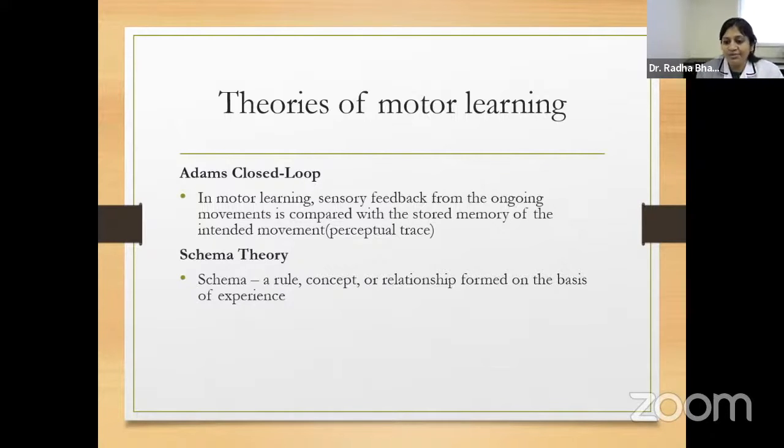Next is the schema theory. According to this theory, for every particular movement or action, more or less, we have some schema or a blueprint or a map, you can call it, of what we will be doing to achieve this particular action. That's a scheme or a rule or a concept or relationship which is formed on the basis of experience.